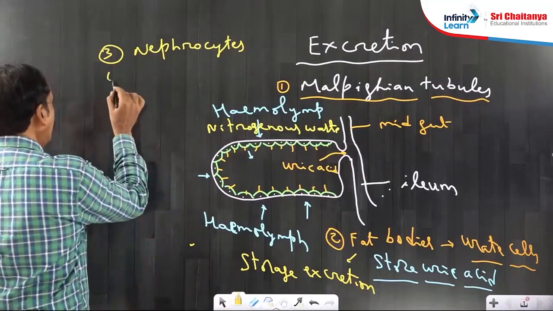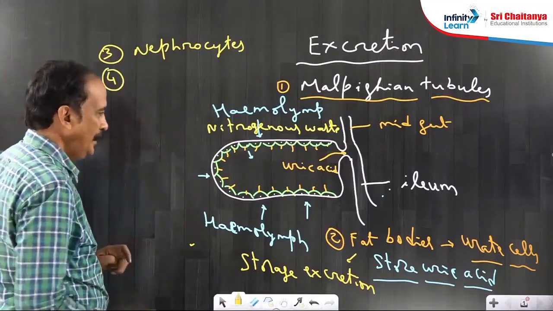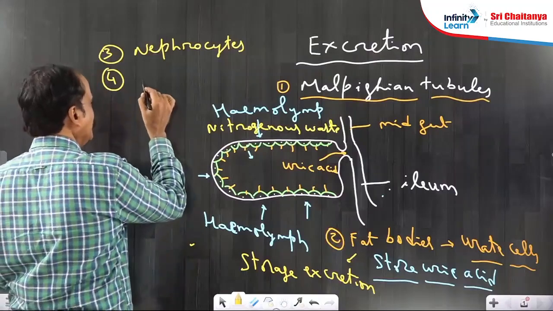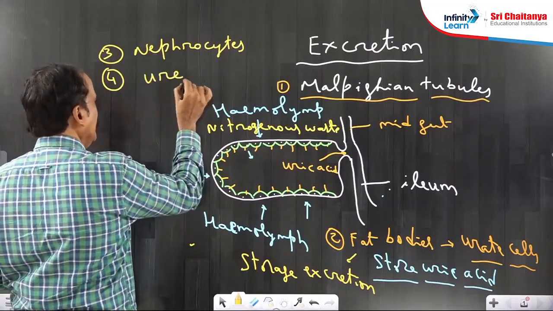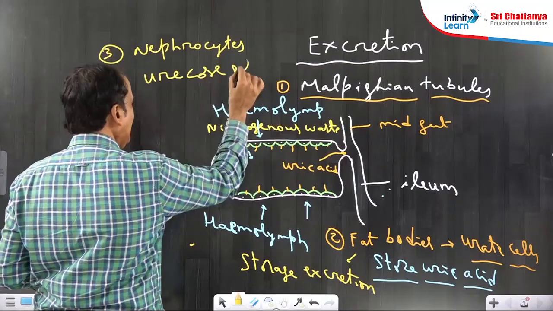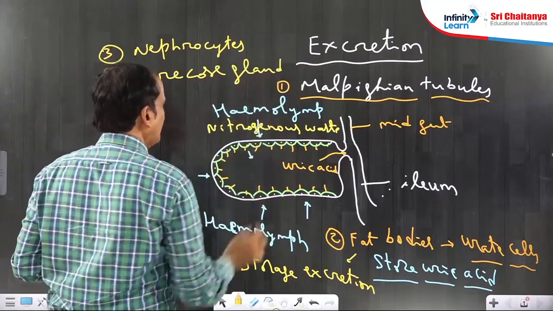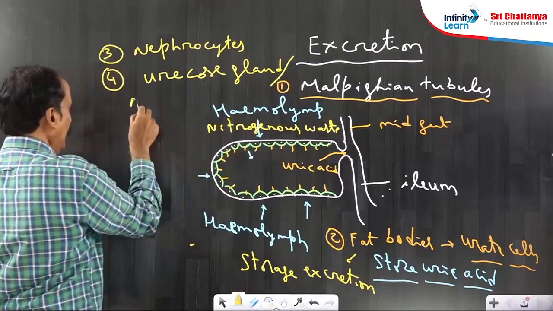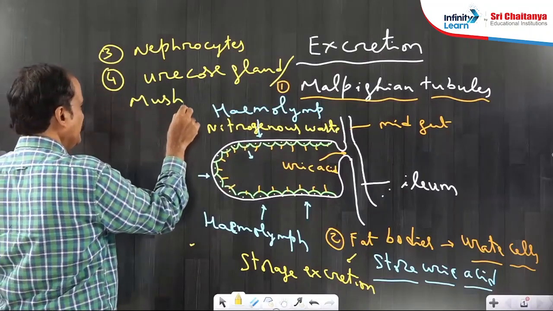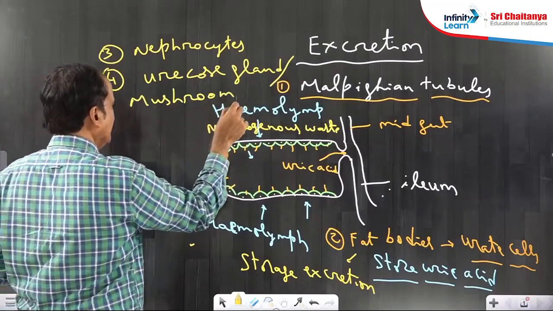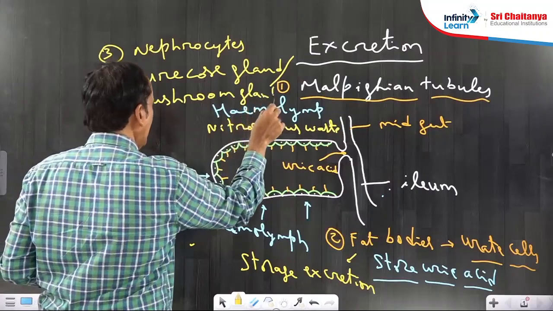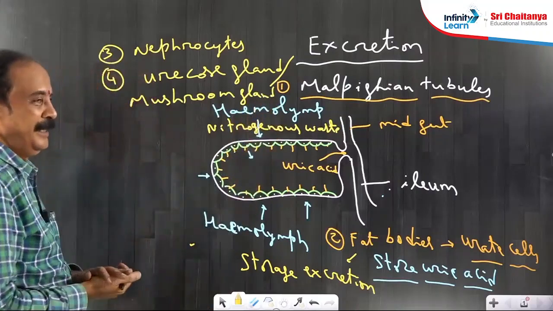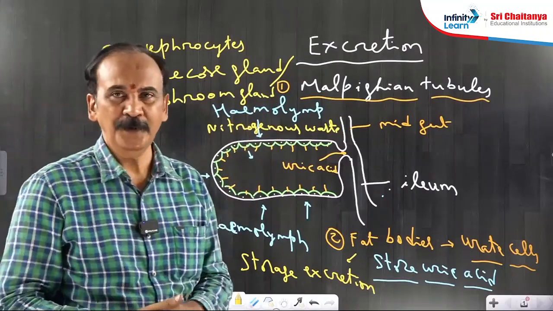And in case of male cockroach, there is a gland called uricose gland, or it is also being called as the mushroom gland. This gland also helps in carrying out the removal of nitrogenous waste.